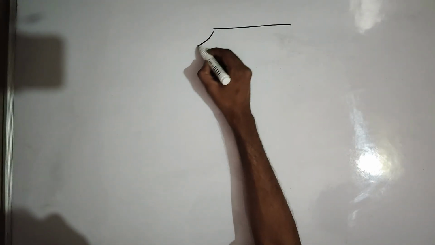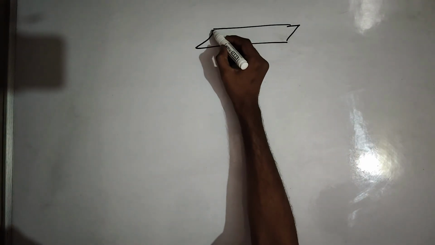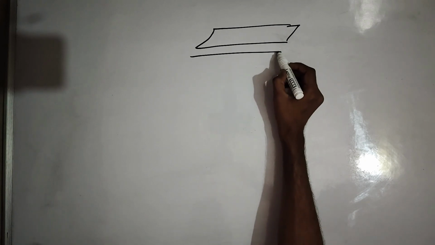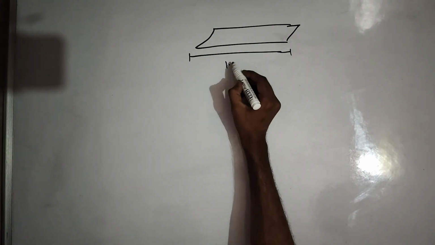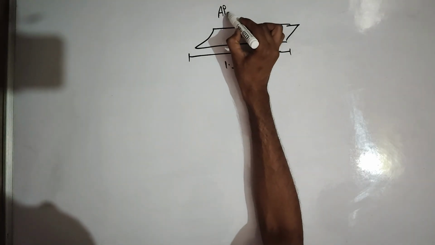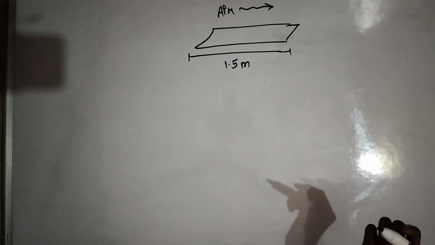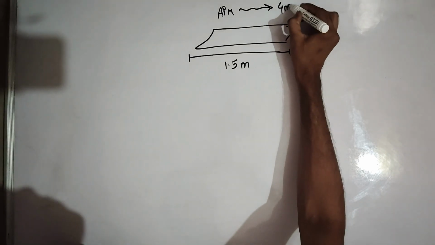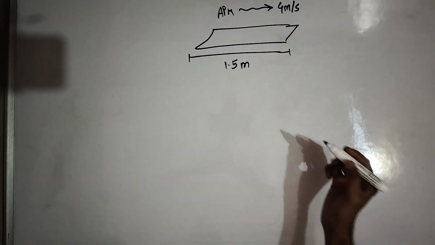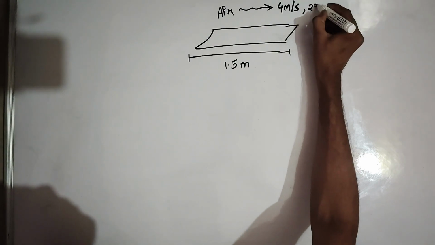So let's understand the problem. In this problem, a flat long plate is given which has a length of 1.5 meter. An air stream is moving above the plate at a velocity of 4 meter per second and has a temperature of 290 Kelvin.